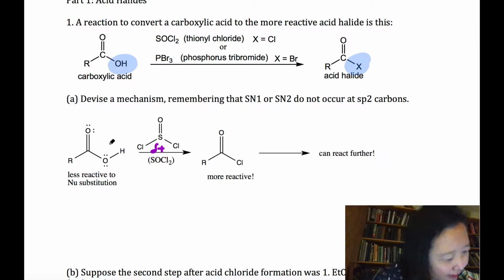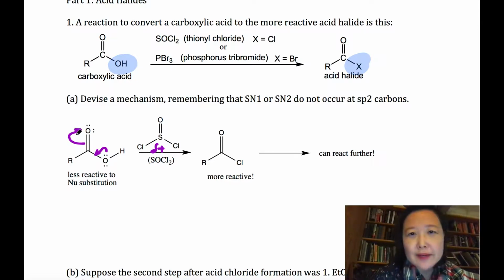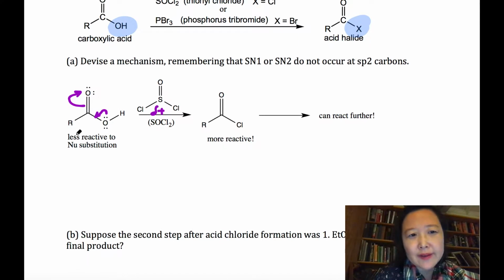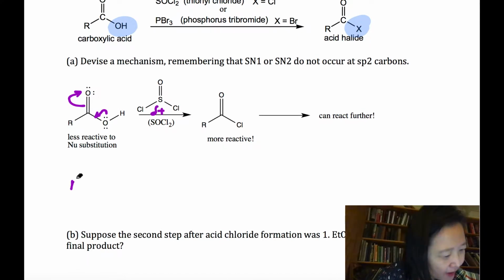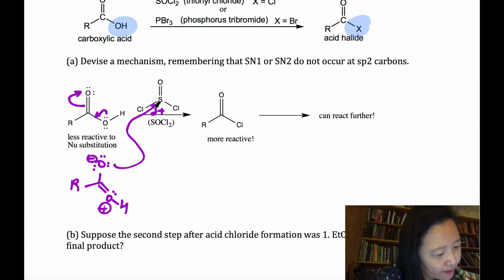So I'll show you that right now. We can, by resonance, point those upward, and then that will give us a negatively charged oxygen that we can use to attack. Okay, so right here in our next step, we'll do this.